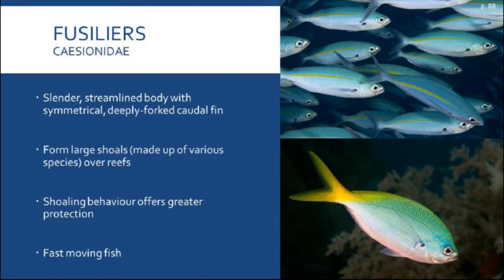That forked tail indicates to us that it's quite a fast moving fish. In general in fish, the deeper the fork of the tail, the faster the fish moves. Now you'll see you often find these in big groups, however many can fit, really.